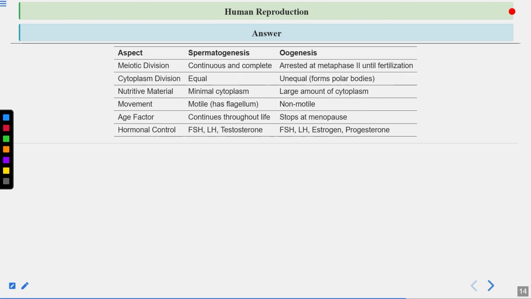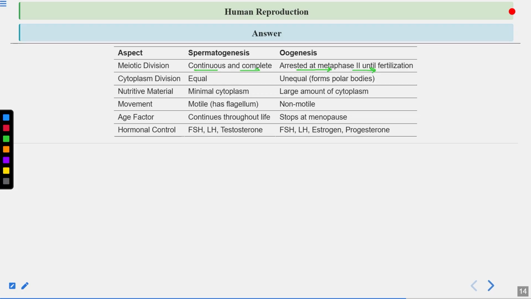Now, meiotic division in spermatogenesis is continuous and complete, whereas in oogenesis, the primary oocyte gets arrested in prophase 1 of meiosis 1, and the secondary oocyte gets arrested at metaphase 2 of meiosis 2. Then the secondary oocyte completes its meiosis 2 when it comes in contact with the sperm.